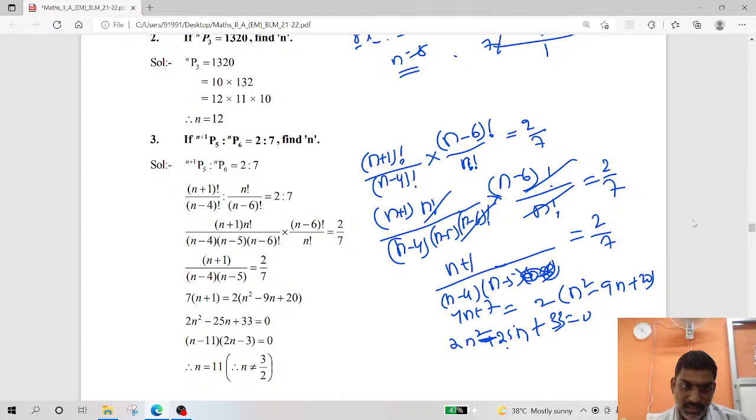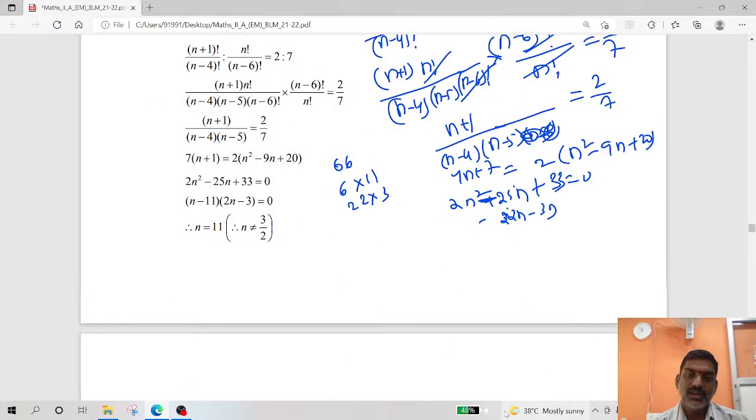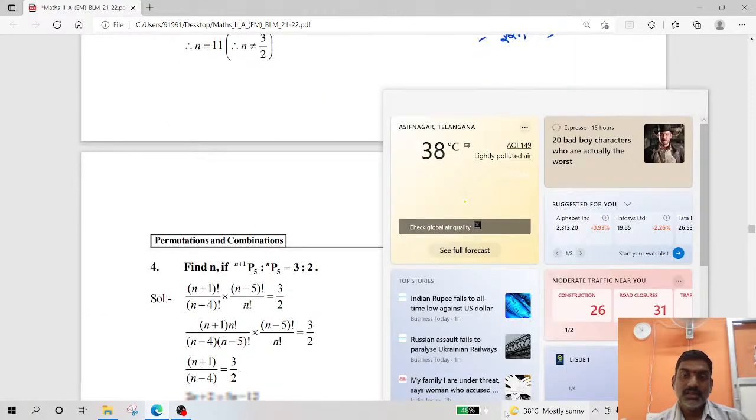So we can split this 25 as 22n and minus 3. Then calculate the value of n. N should be an integer.